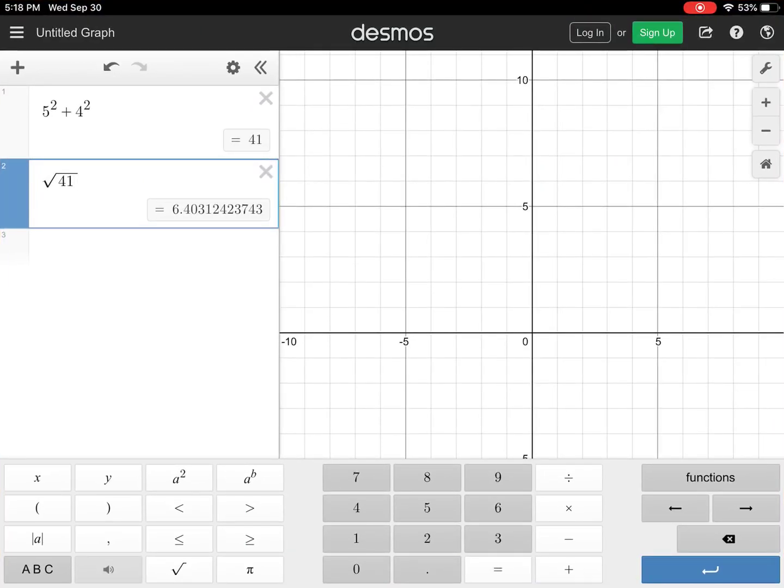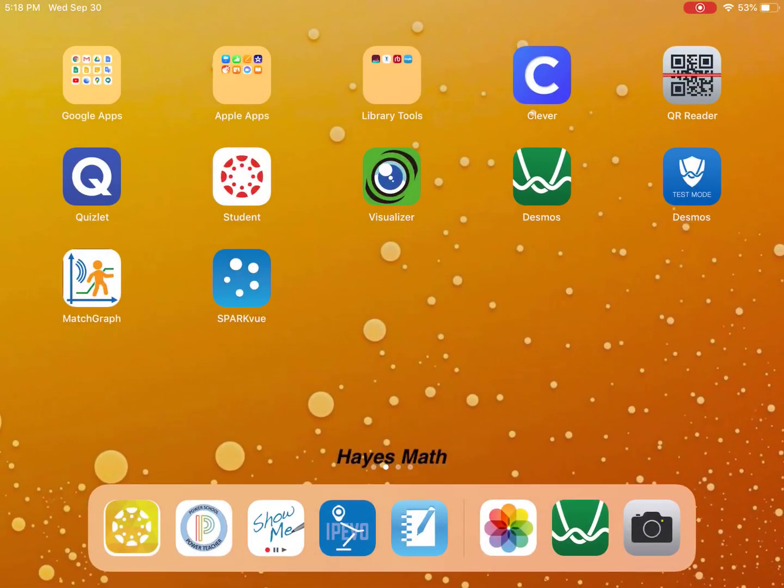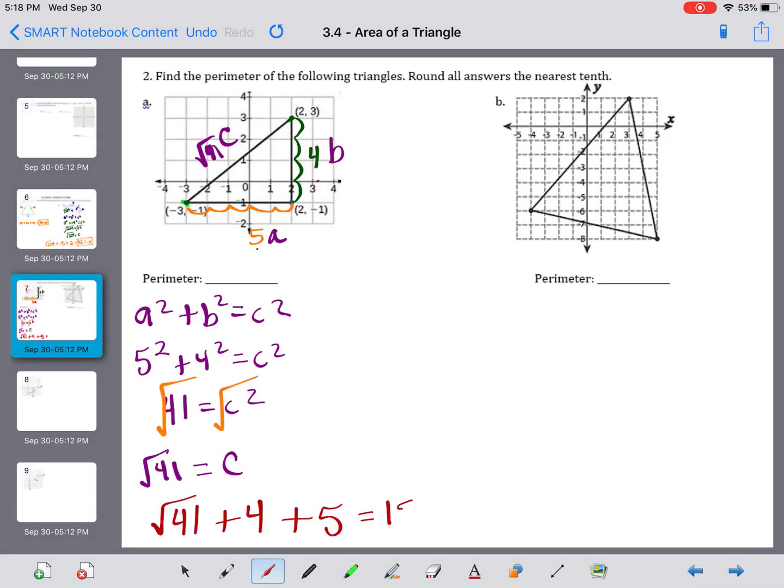So radical 41, again, make sure you arrow out, plus 4, plus 5. So the perimeter of that triangle rounded to the nearest tenth is 15.4. So we would say it's 15.4 units. Put like a dotted line to kind of separate the two.